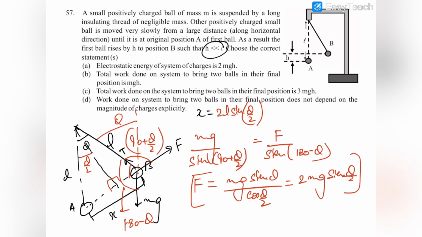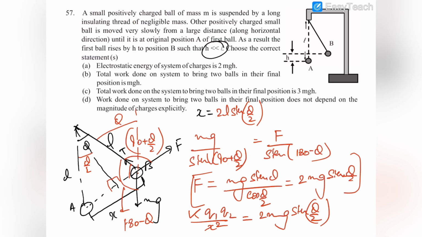This is f. Now we know that F is the electrostatic repulsion force, so it would be K Q1 Q2 by x square, and that would be 2 mg sine theta by 2, and the interaction energy of these two charges would be K Q1 Q2 by x. So K Q1 Q2 by x, from this equation, will be 2 mg sin theta by 2 into x.